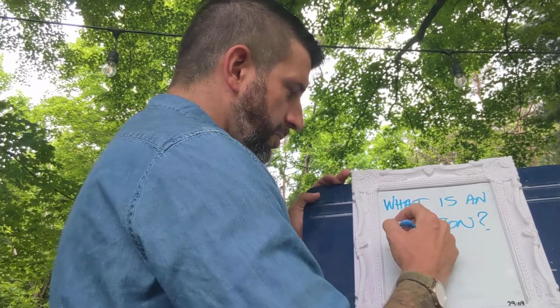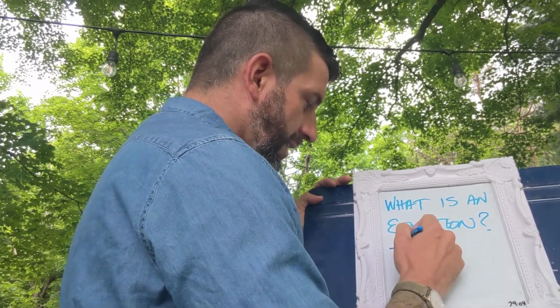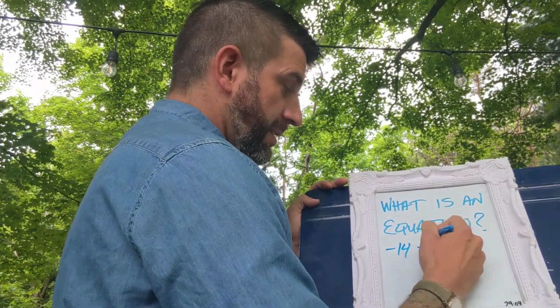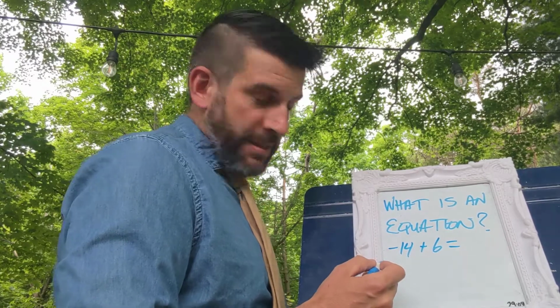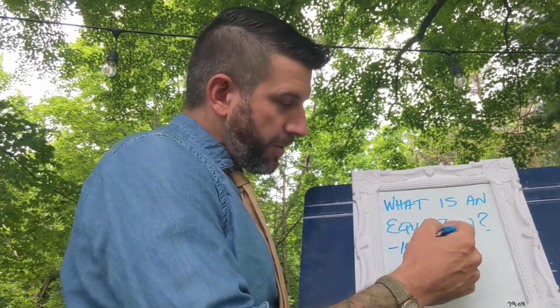So last week in integers, we were looking at things like minus 14 plus, let's just say 6, equals minus 14 plus 6. So I've got something cold, right? Minus 14, I'm adding heat to it. I'm adding 6 heat units to it. So the temperature is going to go up, closer to 0.